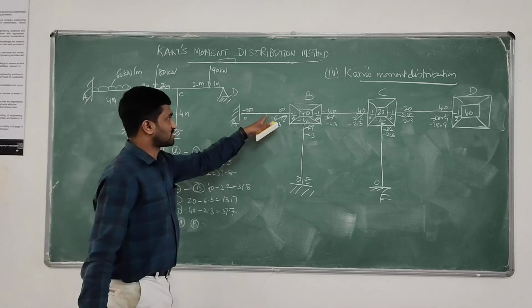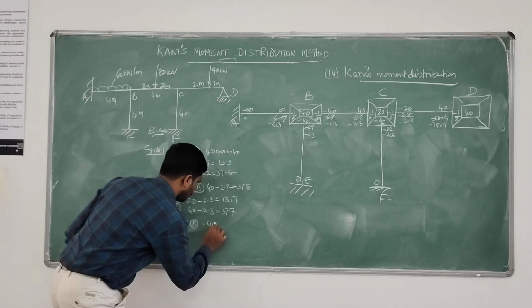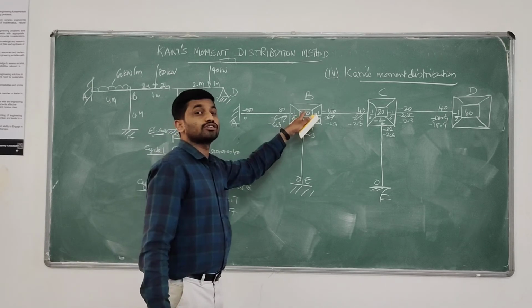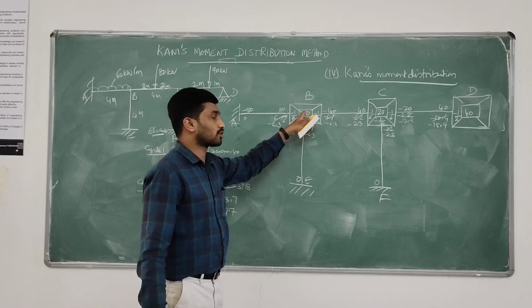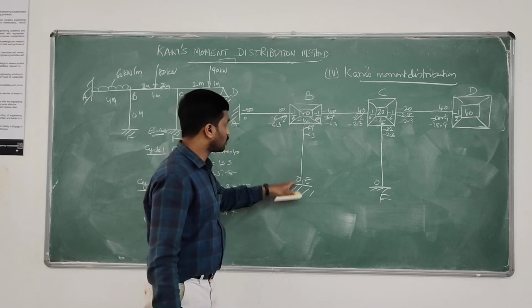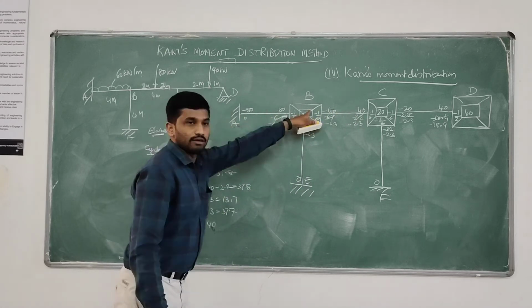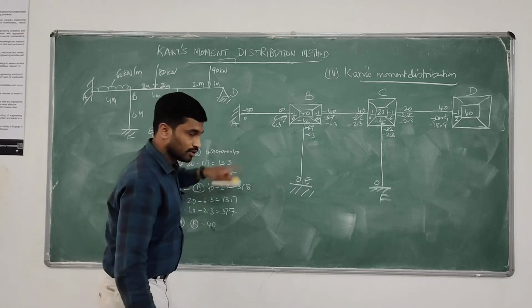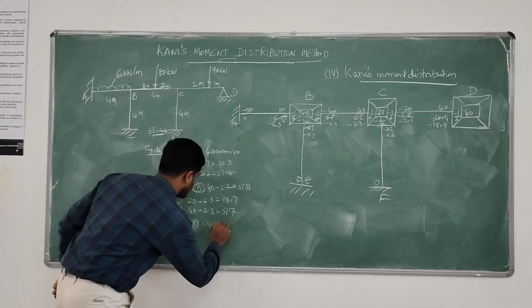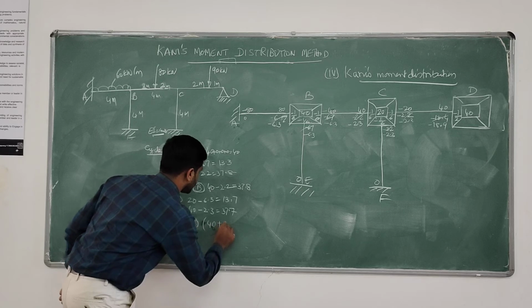first, what is the summation of FEM? That is 40. And what is the rotation contribution from the further ends? For joint B, the further ends are AB, EB and CB. From AB, this is 0 contribution, so 40 plus 0.